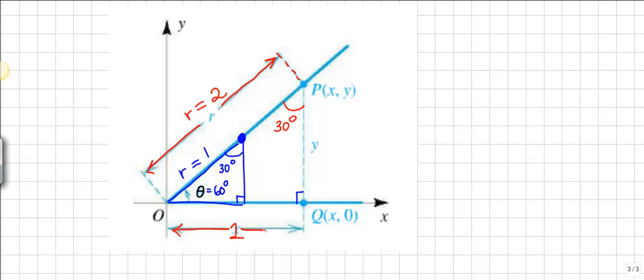So in the bigger triangle, the other two sides are 1 and root 3, and again r is 2.